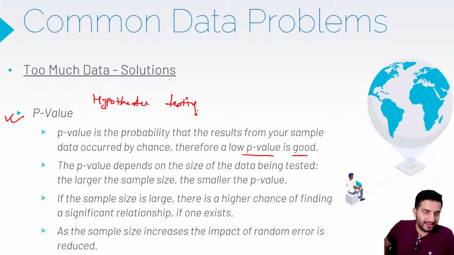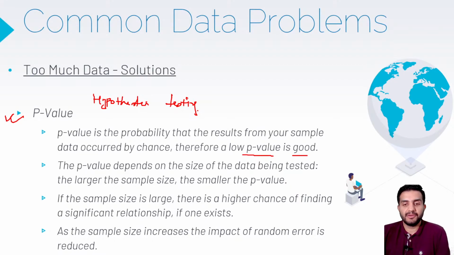Whatever my target feature is, how good is that feature able to justify the reason for that happening? Is it happening by chance or is it happening for a fact? So the lower the P value, the less it is happening by chance, which means it is good for my discussion points. It is not happening by chance, it is happening for a fact.